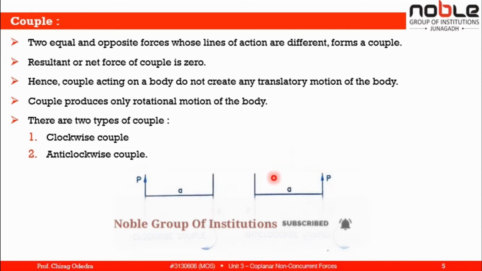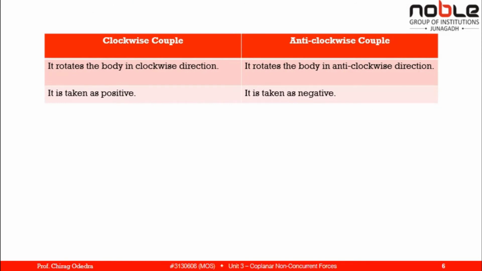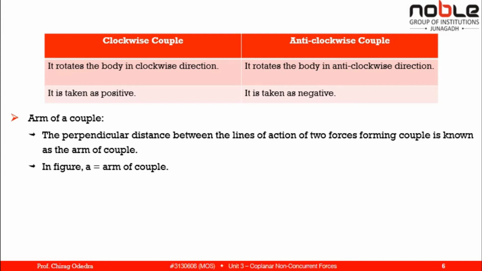So this is called anti-clockwise couple. So the differences between clockwise and anti-clockwise couples: the clockwise couple rotates the body in clockwise direction, and the anti-clockwise couple rotates the body in anti-clockwise direction. Similarly, as we have seen in the moment, the clockwise couple is also taken as positive, and the anti-clockwise couple is taken as negative.